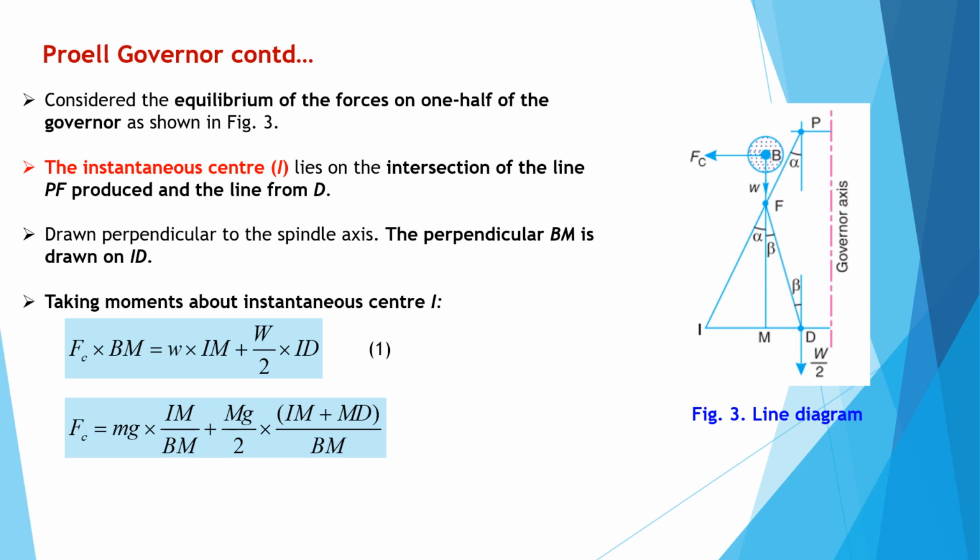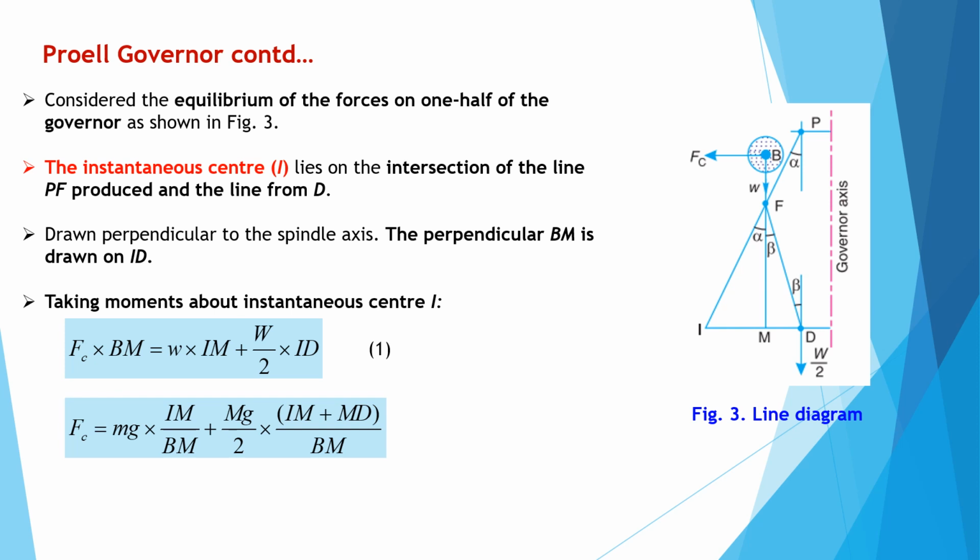Taking the moment about the instantaneous center I, the centrifugal force Fc into BM is equal to the weight of the fly ball into IM plus half of the dead weight at the center into ID. We get equation 1.